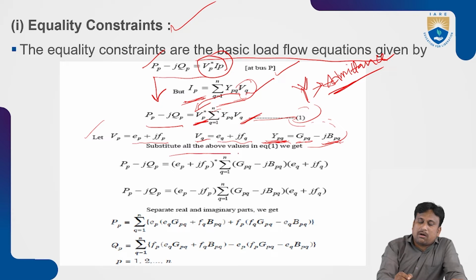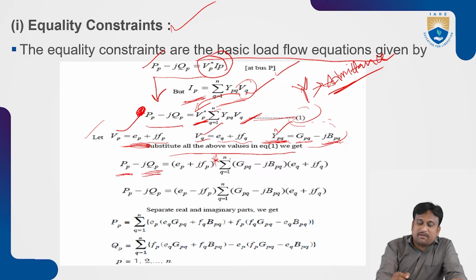Now substitute all the values we defined, Vp, Vq, Ypq, into expression 1. Then we obtain the rewritten expression. On the LHS it will be the same, Pp minus jQp, and instead of Vp conjugate you need to substitute Ep plus jFp, placing the conjugate.